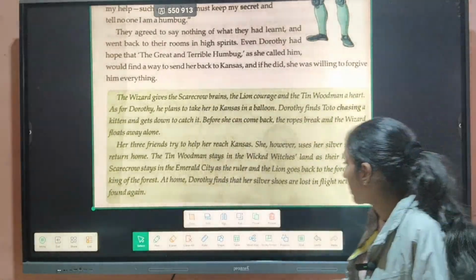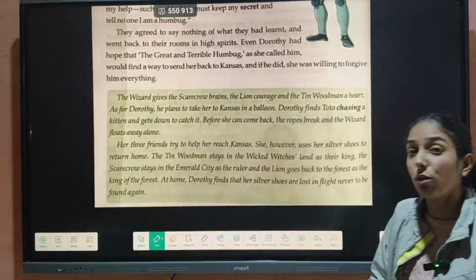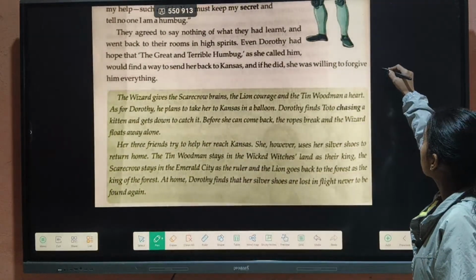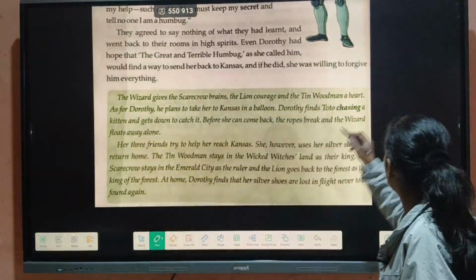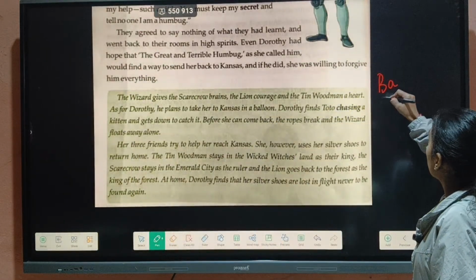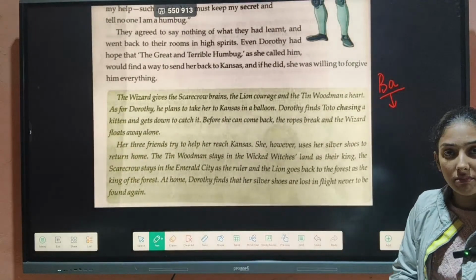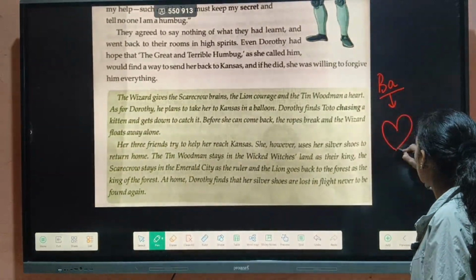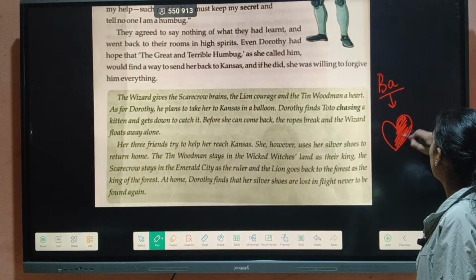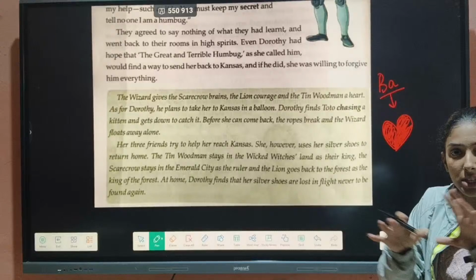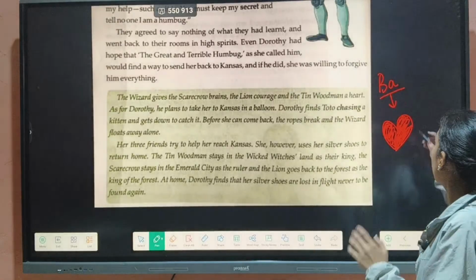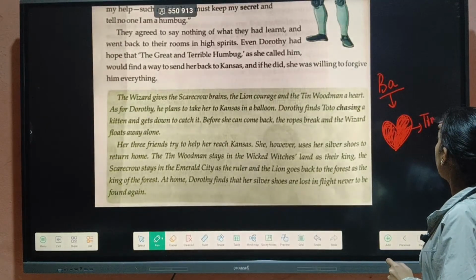Now, beta, as I told you, what was he? He was a balloonist. Okay. So in the circus, beta, what he did, he had taken out a heart-shaped dummy from his magical box, and he gave this heart to the Tin Woodman.